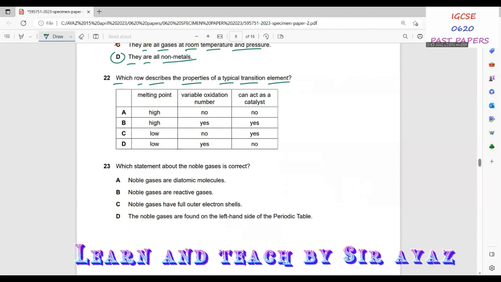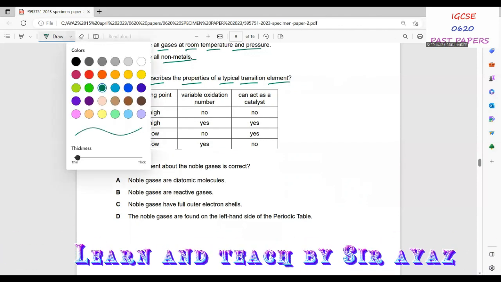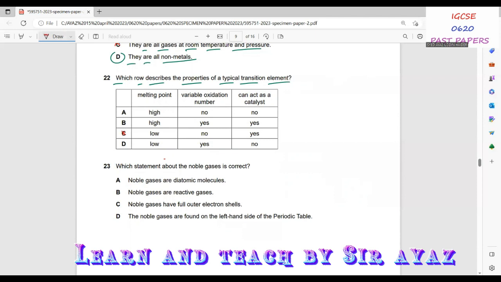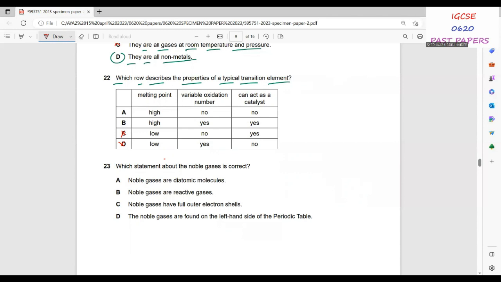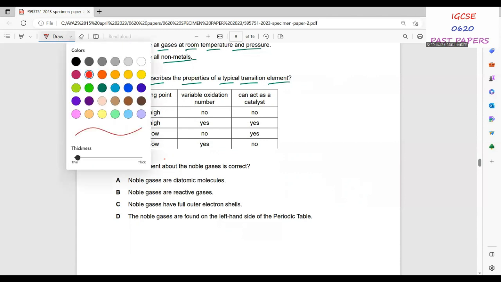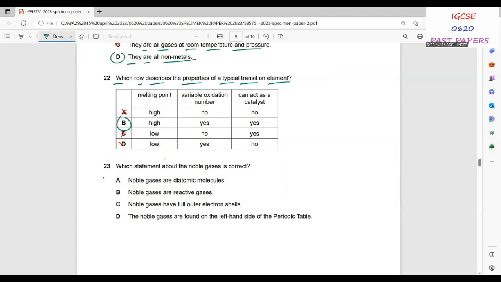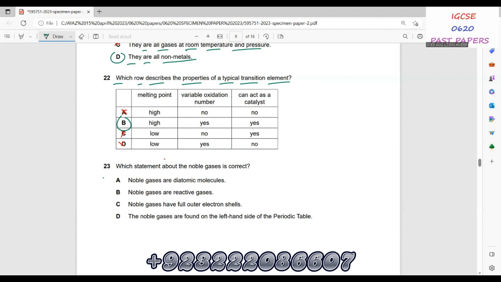So automatically choices C and D will be incorrect because they show low melting points. What about choices A and B? In choice A, they are saying that they do not have variable oxidation states and they are not used as catalysts. So A will be wrong. We are left with only B. B will be the right answer for this question.